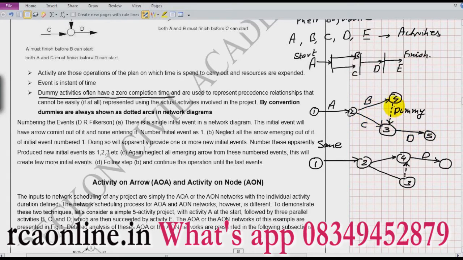So what have I used? I used a dummy activity. This is shown by a dotted line, which means that this is a dummy activity. Now the last is E. So this is my E activity, and this is the finish. And this is the start of the project.